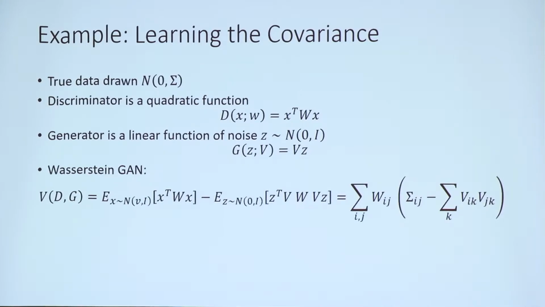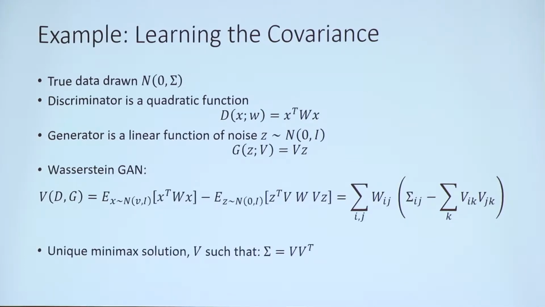So now the generator is trying to learn a covariance matrix, and if you write down the Wasserstein-GAN, you get exactly the same looking type of zero-sum game. If the generator did not choose its translation V such that, if you take this inner product, it matches exactly the covariance structure of the true data, then the discriminator can penalize the generator.